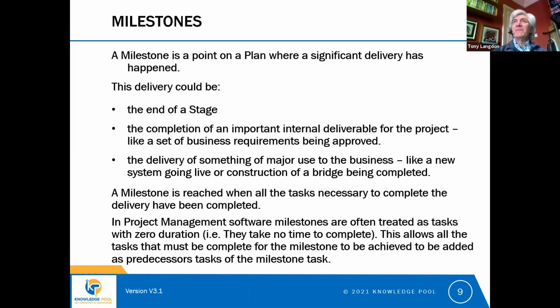So there would be a task there that would say end of initiation or end of planning or end of delivery. And that task would have a 0 duration to show that it's a milestone. And in fact, most software packages, when you put a 0 duration in for a task, they show the task slightly differently.